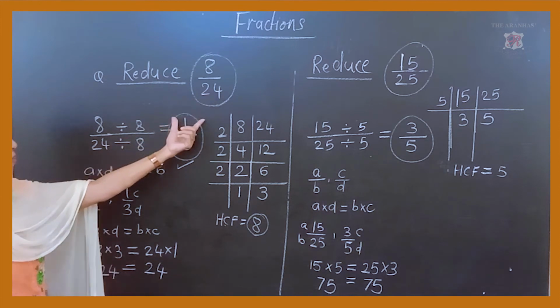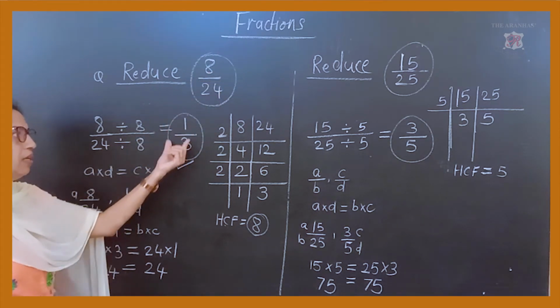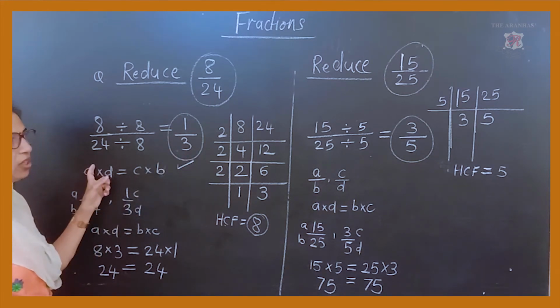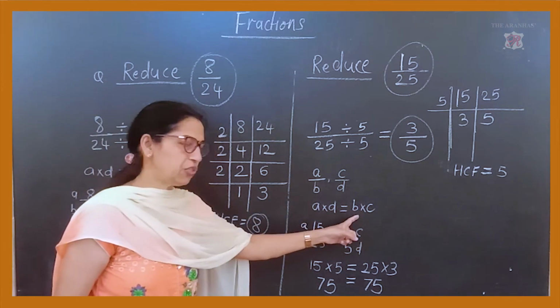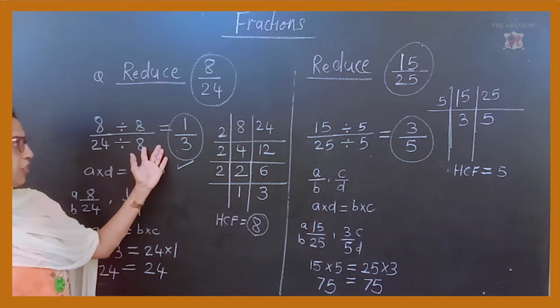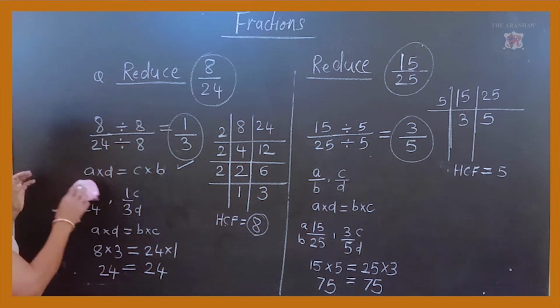The reduced form of this 8 upon 24 is 1 upon 3 is the correct answer. So this was about the cross multiplication method which we have used to get the equivalent fraction as well as reduced form of the given fraction.